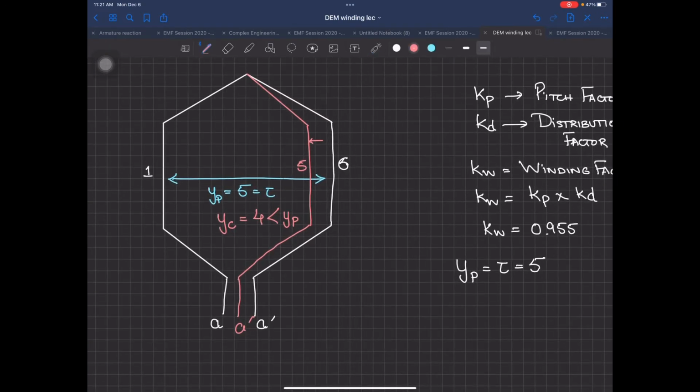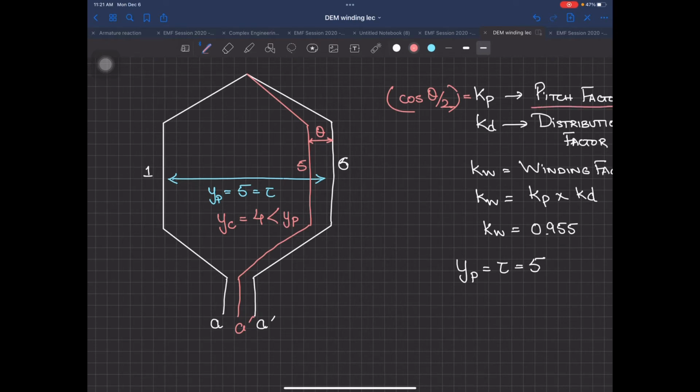And this angle, now the important part, I don't know how many of you have gone through this proof, this angle theta in terms of electrical angle. When you take this Kp, it is cos theta by 2, and you get your Kp over here. This cos theta by 2 gives you the pitch factor.